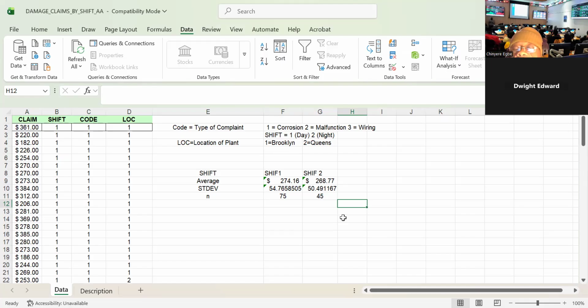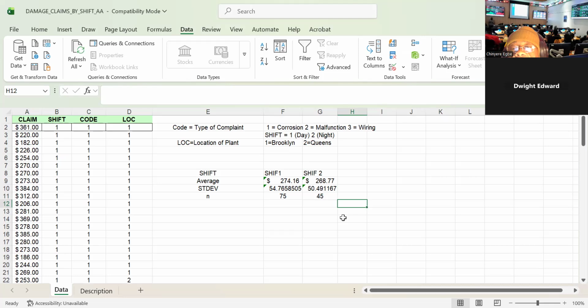Now our objective in solving this problem is to ask ourselves the question, is there truly a significant difference between shift one and shift two with regard to the amount of claims?